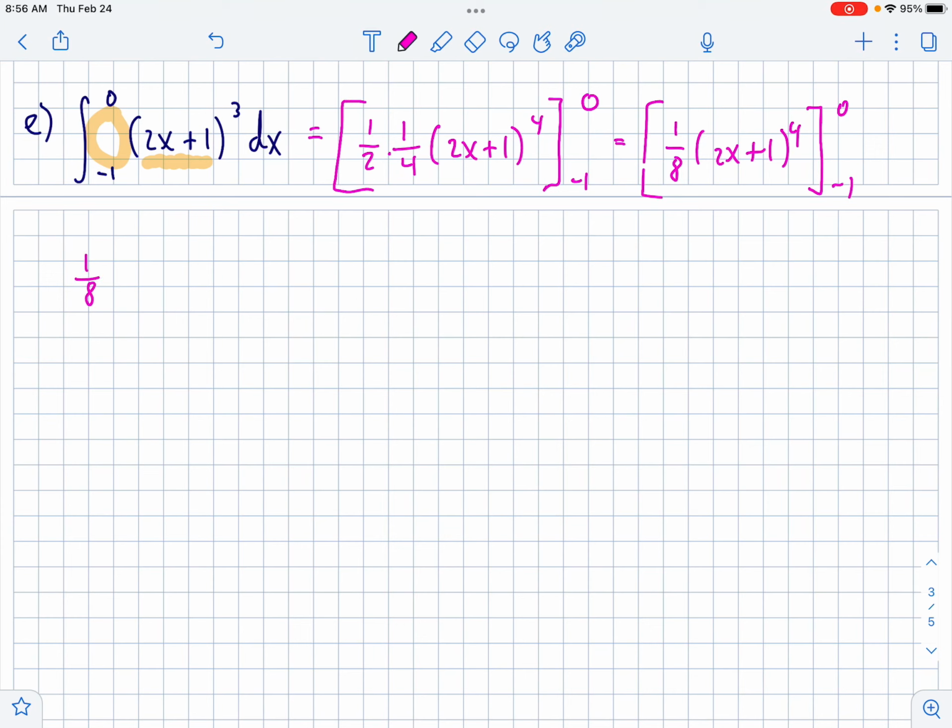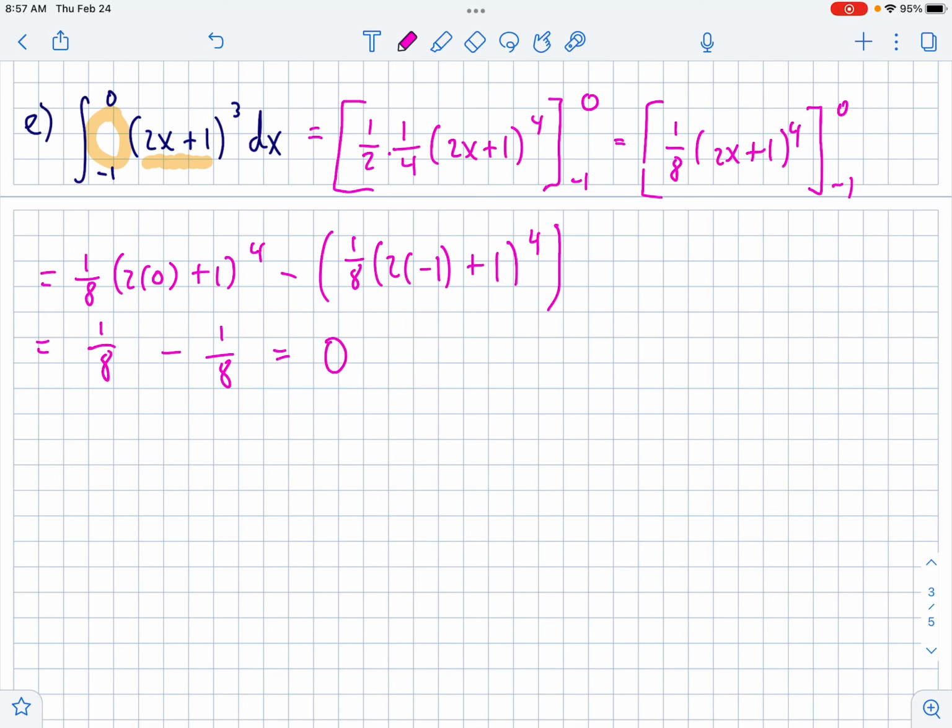Then we're going to plug in 0, so we get 1/8 times 2 times 0 plus 1 to the power of 4, and then subtract out 1/8 times 2 times -1 plus 1 to the power of 4. 2 times 0 is 0, plus 1 is 1 to the 4th is 1, so we get 1/8, and then we're going to subtract 2 times -1 is -2, plus 1 is -1 to the 4th is positive 1, so we get minus 1/8. Wow, I thought that was going to be more complicated. It was all 0.